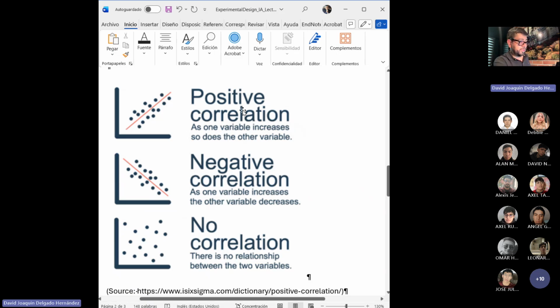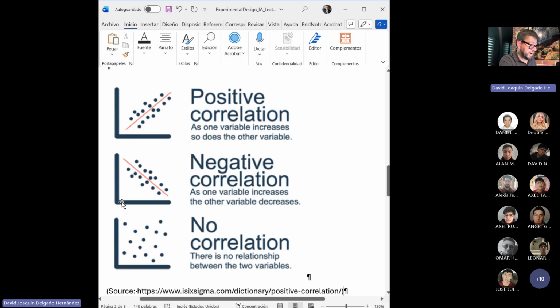So look, when you have a positive correlation, what you can see is that as one variable increases, so does the other variable. So one variable in the horizontal axis X increases, and the variable in the vertical axis is also increasing. What happens with a negative correlation?